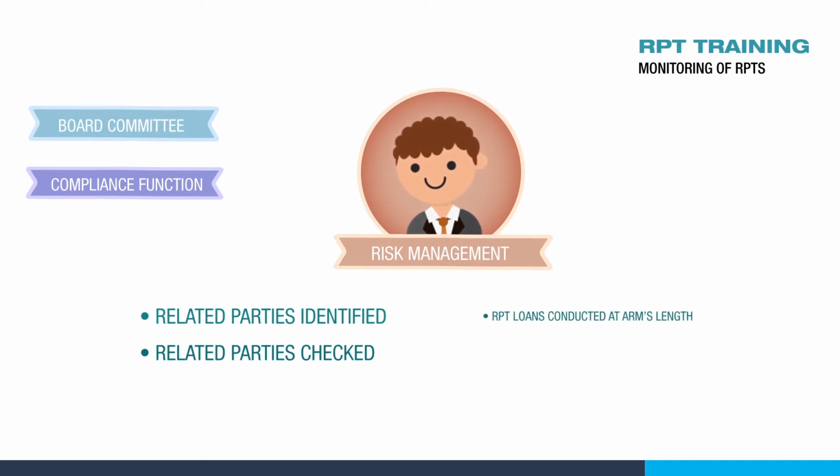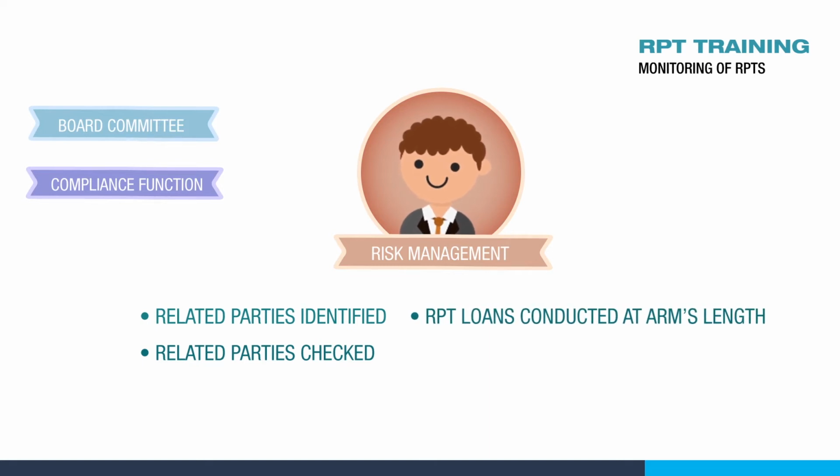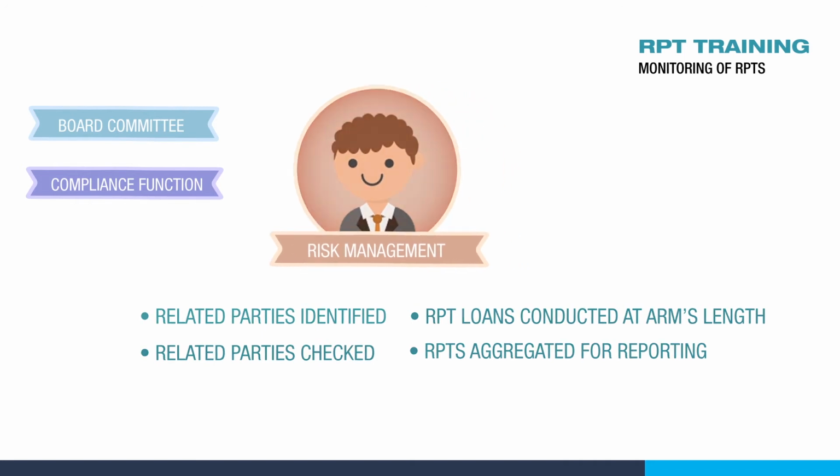Risk management, in accordance with its delegated powers, should also assess lending transactions to ensure conditions applied to the RPT loan are appropriate, at arm's length, and on normal market terms and conditions. It is also likely to have a role in ensuring sound records and processes for aggregation of RPTs.